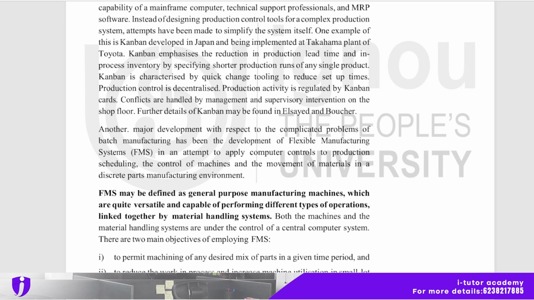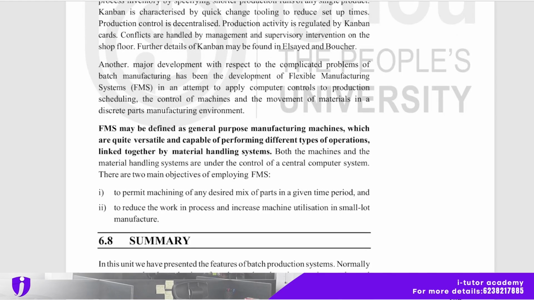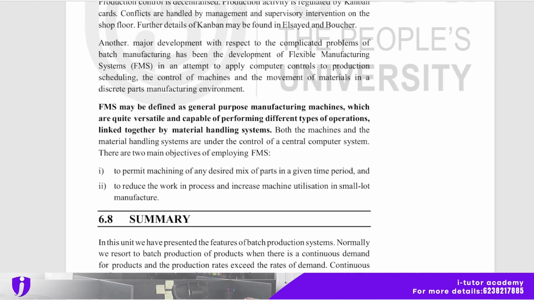Okay, and FMS may be defined as general purpose manufacturing machines, which are quite versatile and capable of performing different types of operations, linked together by a material handling system. Both the machines and the material handling system are under the control of a central computer system. There are two main objectives of employing FMS: to permit machining of any desired mix of parts in a given time period, and to reduce the work in process and increase machine utilization in small lot manufacture.